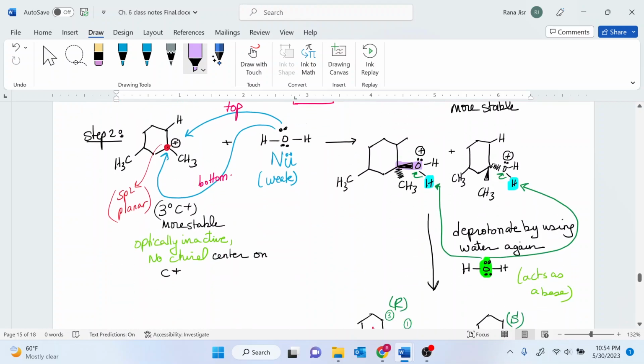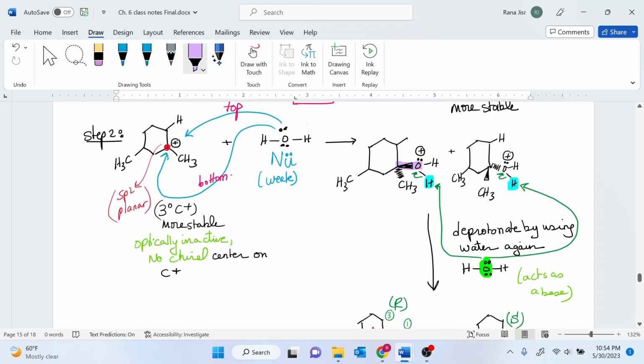But when I reached those products here, I started from the second step. And from the second step, I have a carbocation. This is not a chiral center. So this is optically inactive. So it's considered to be the reactants for the final products. So if the reactant is optically inactive, then the product has to be optically inactive.